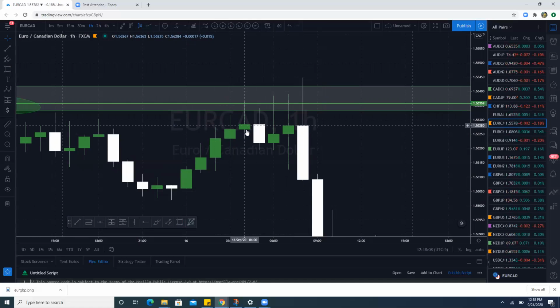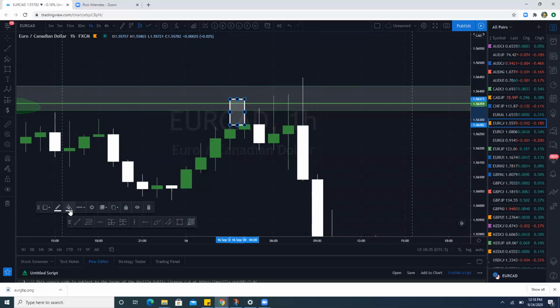So what does this mean? If you see a wick, that means price was there at one point. At one point, this candle, let me line that up correctly. It's not going to let me. Let me zoom out and see if it lets me.